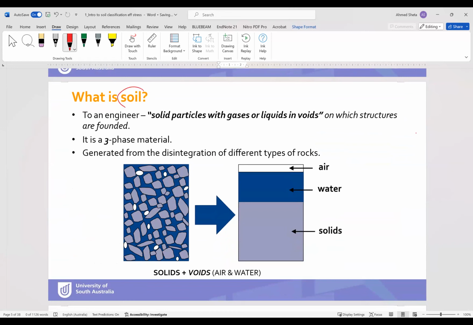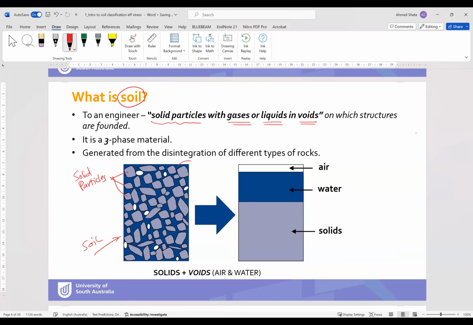What is a soil? A soil is solid particles containing gases and liquids in voids. So the soil is some solid particles associated with gases and liquids entrapped in voids. As you can see here, these are the soil particles or solid particles.